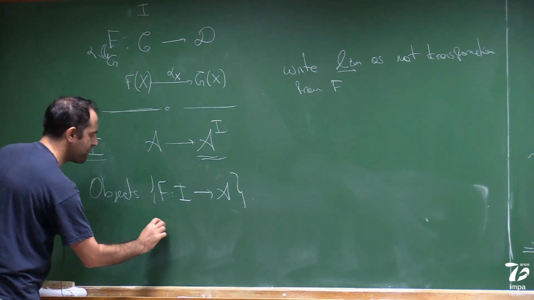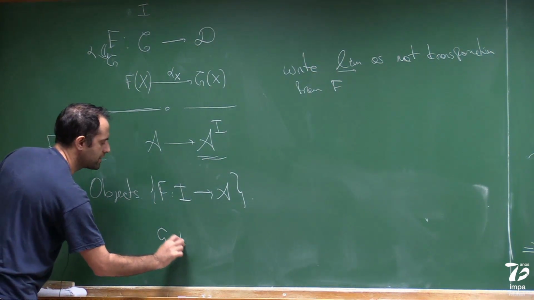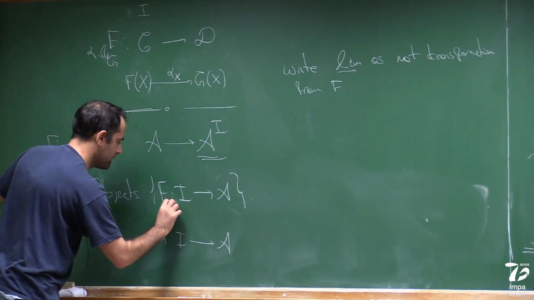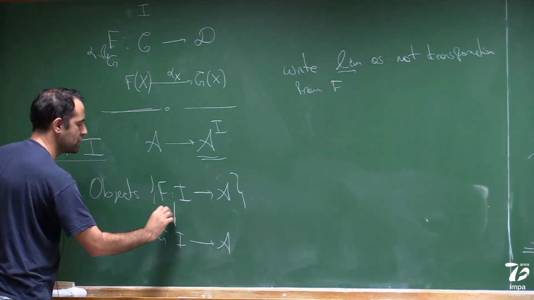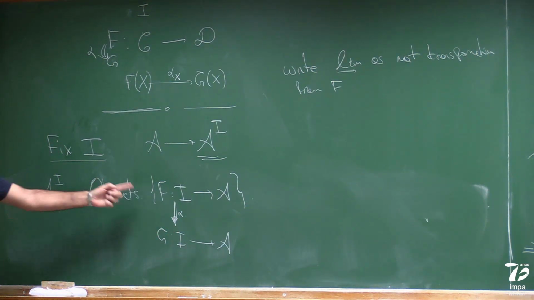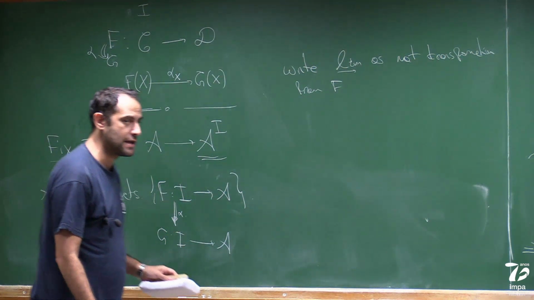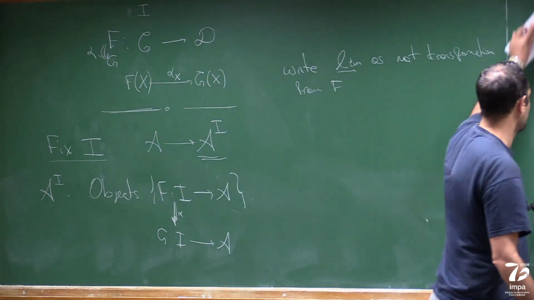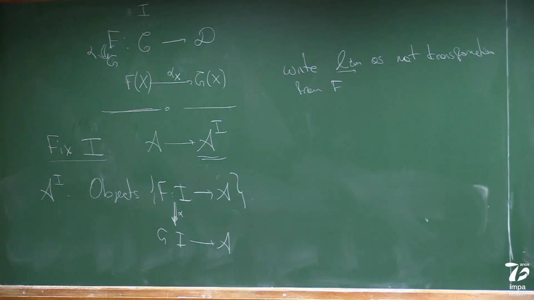So if you give me F and G from I to A, then a map from F to G is a natural transformation. We've checked that you could compose them and you have the identity, and that forms a category. So that's the category A^I.